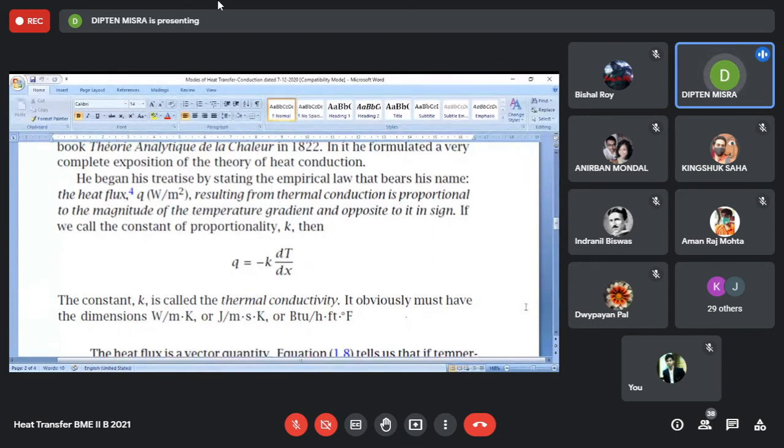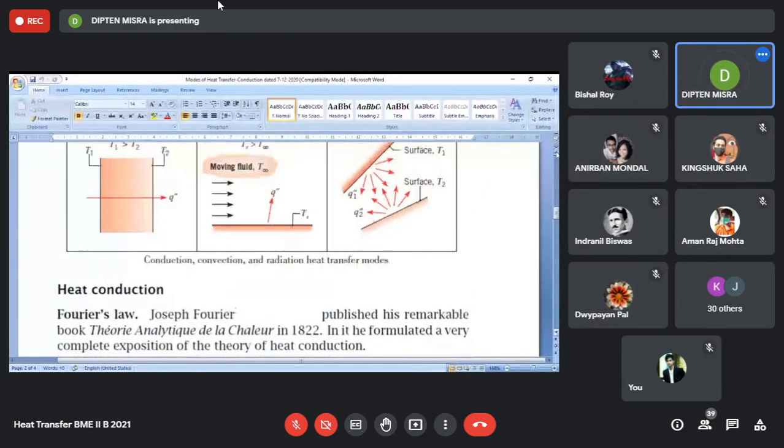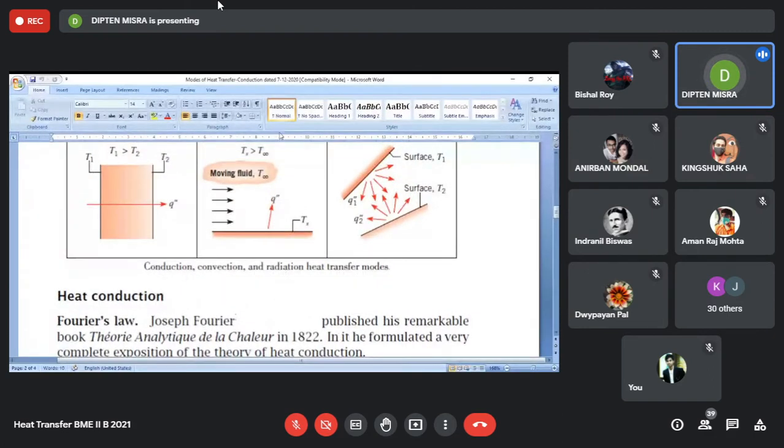Another thing that we would like to tell is that this heat flux is denoted as a vector quantity. If you see this picture, this has a direction. What is the direction of that heat flux? That is normal to the surface. So the direction of this will be equal to the direction of the surface.